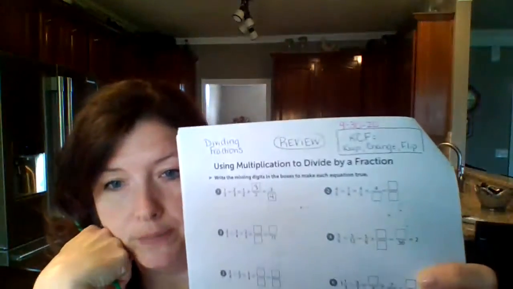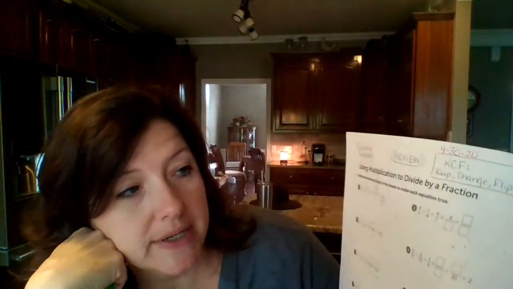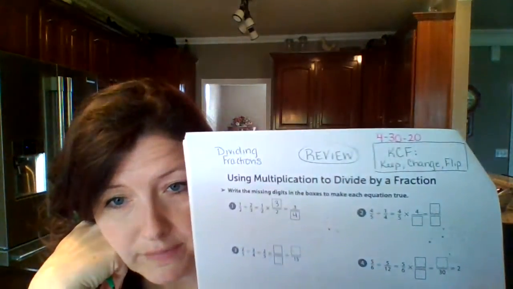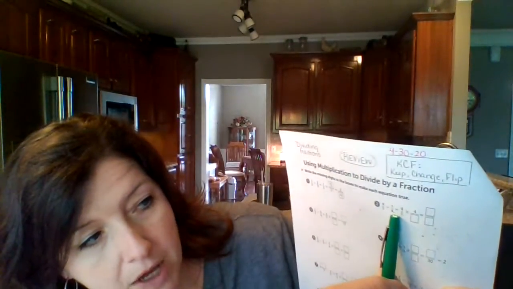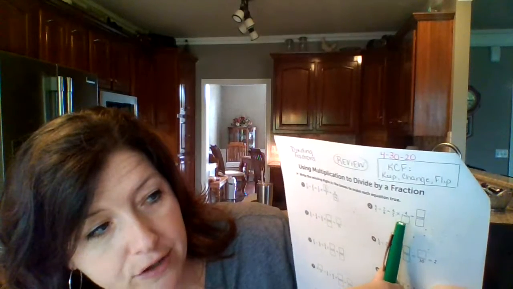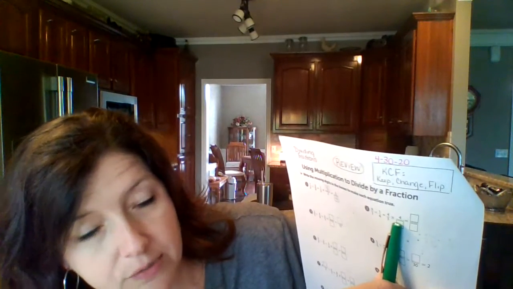So looking at number two. Number two is 4/5 divided by 1/4. So when you keep the 4/5, you change it to multiplication, and you flip that second fraction. So instead of 1/4, it's now 4/1.